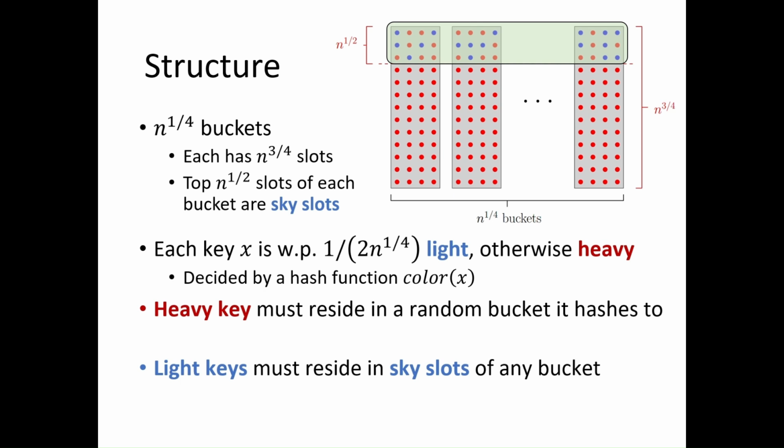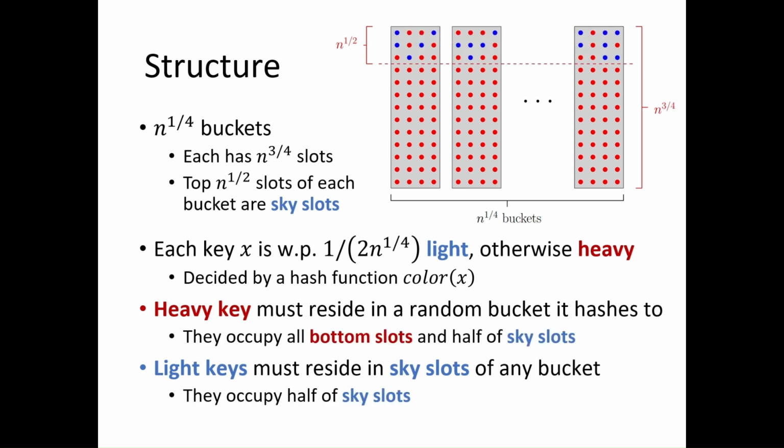For light keys, we require that it must stay in one of the sky slots of any of the buckets. So as a result of these two rules, we can observe that all of the non-sky slots, which means the slots at the bottom, are fully occupied by the heavy keys, because light keys are not allowed to occupy those slots.